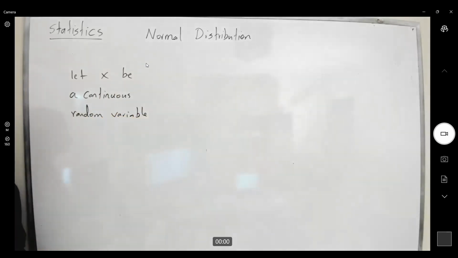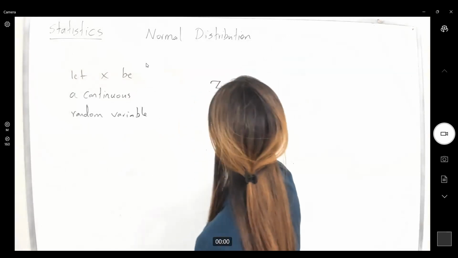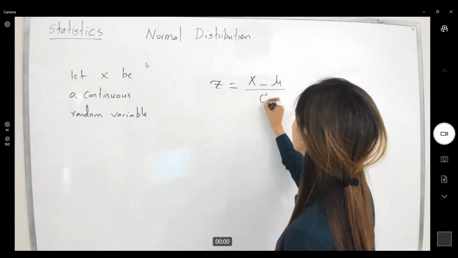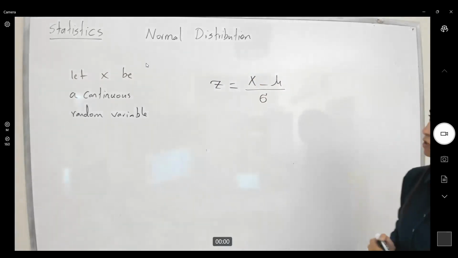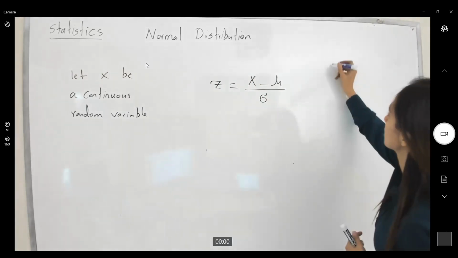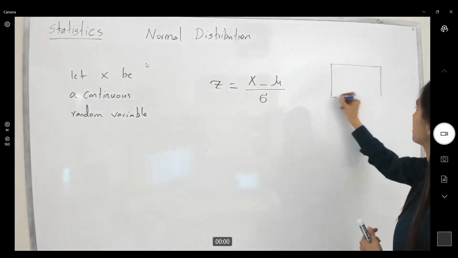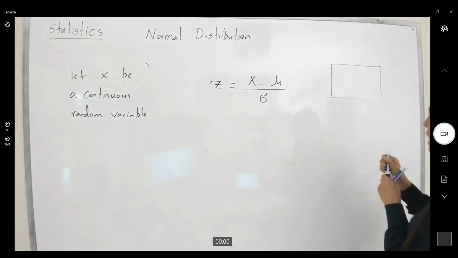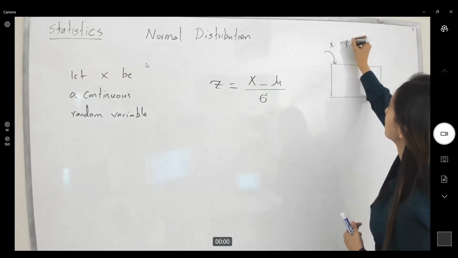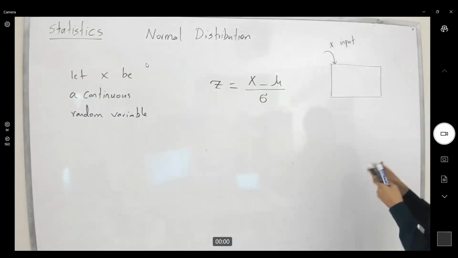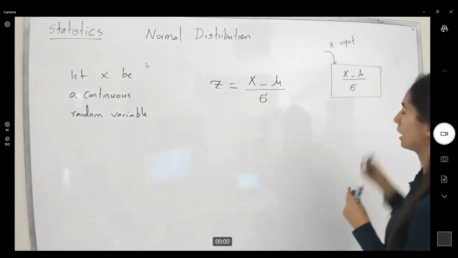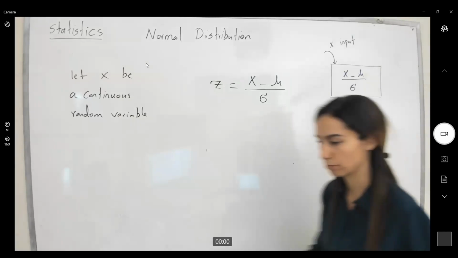Well, we can use Z, which is defined as X minus mu divided by sigma. We use this machine: X gets into this machine, and you get your Z as the value. So X is your input, the machine does X minus the mean, divided by sigma, and it gives you Z values, all right?